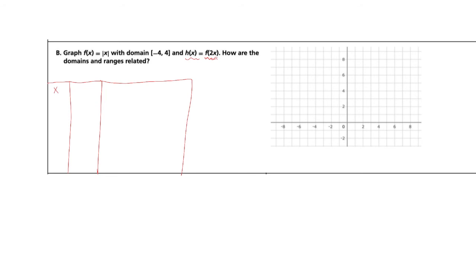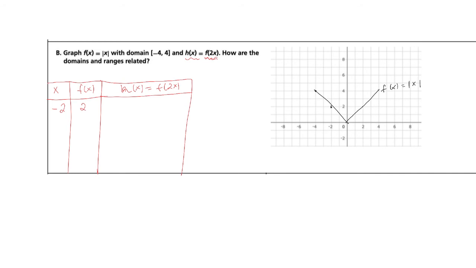All right, so our first column is x, then f of x, and then h of x is equal to f of 2x. So let's draw our function again. Here's our f of x. Now when we solve for this, say our x is -2, our f of x is at 2.